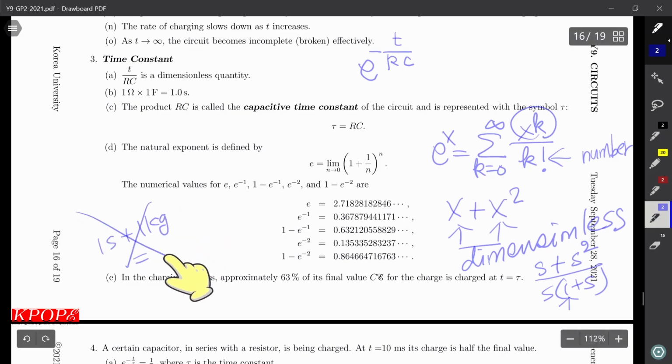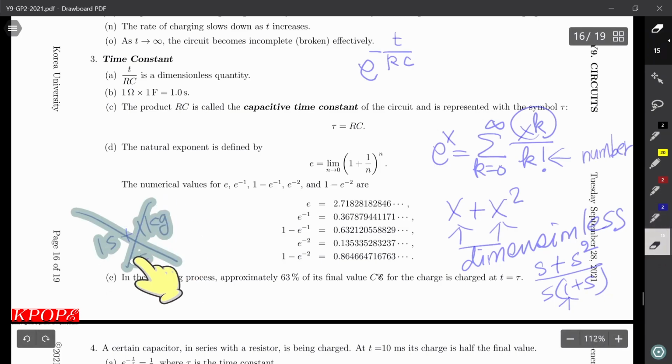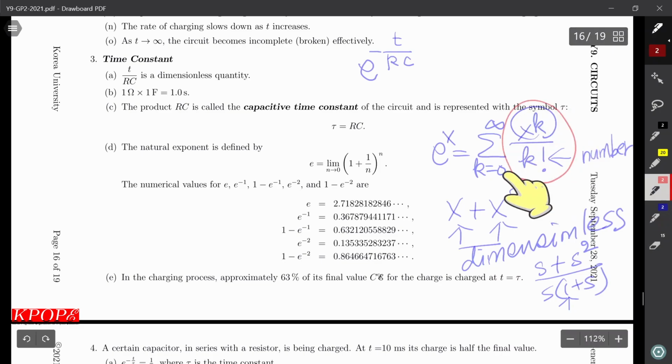That is not defined. One cannot add different dimensional quantities. The exponential function is a linear combination of different powers, therefore, in physics, this x must be dimensionless.